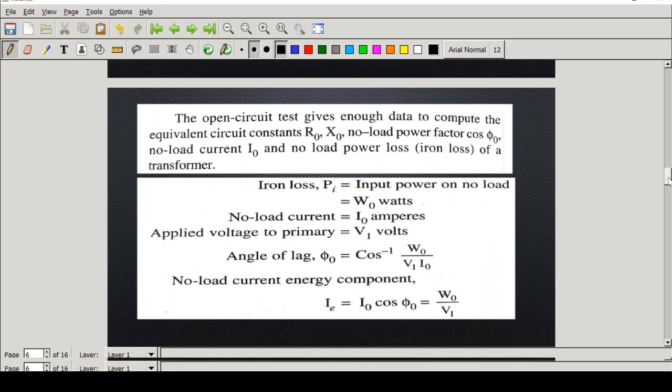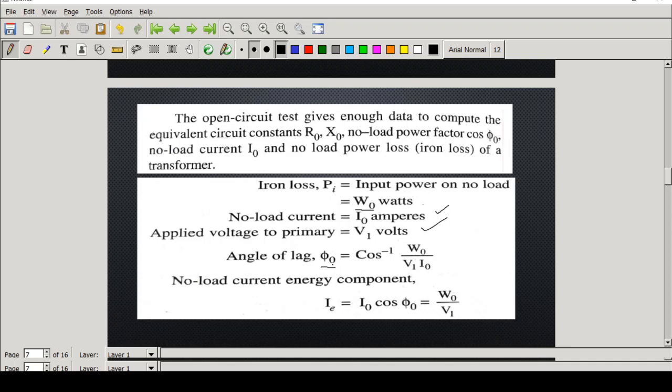Now, as I told you, the wattmeter reading will give you the value of V1 I0 cos phi 0. V1 you will get from the voltmeter and I0 from the ammeter, so from that we can find phi 0.